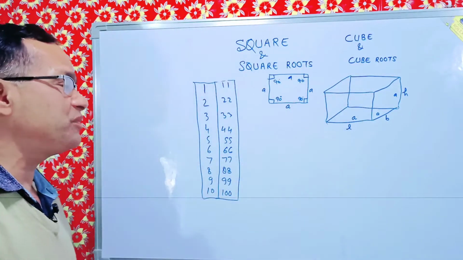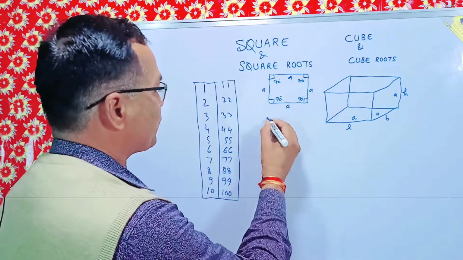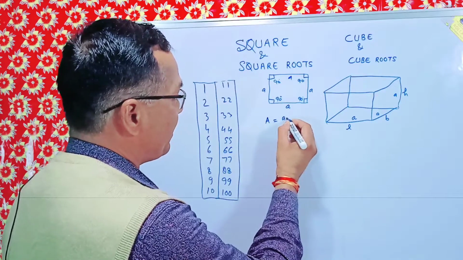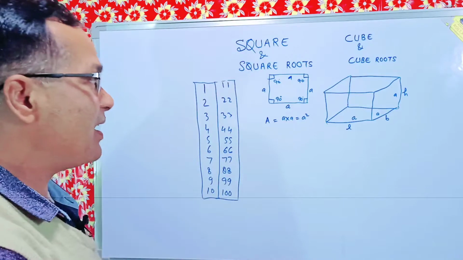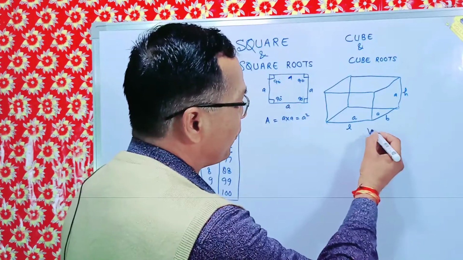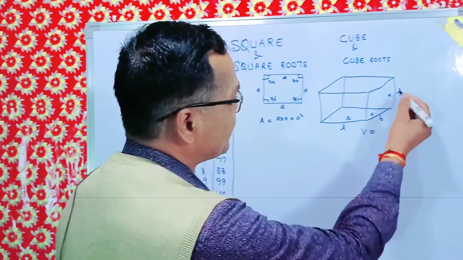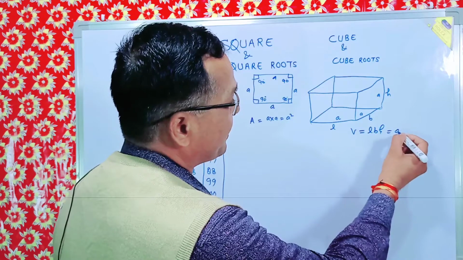So what we observe here: the area of this square is written as a into a equal to a square, and the volume of cube is written as length, breadth into height, LBH.